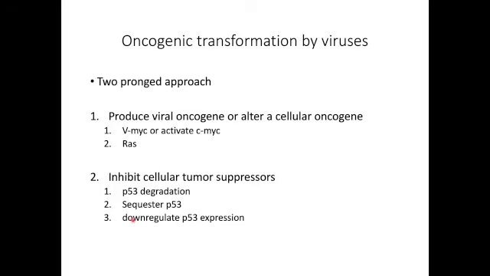So a virus might downregulate p53 expression while also degrading any p53 that's currently in the cell so that we completely deprive cells of p53. So we have to have some combination of both of these happen in order to drive oncogenesis and to drive cancer formation due to a virus.